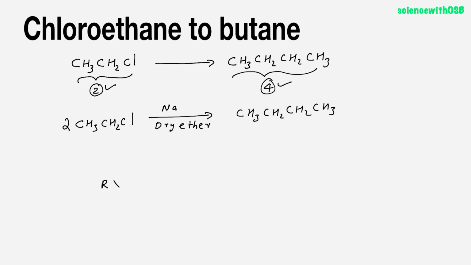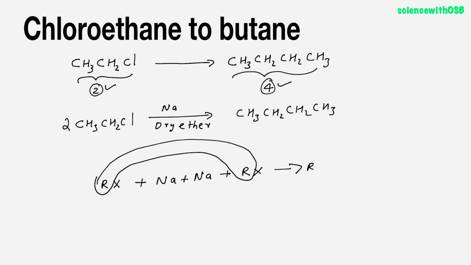All of you remember Wurtz reaction, right? What is that? RX plus Na plus Na plus RX is equal to, see this R and this R combine together. So what is that? RR. So product contains double the number of carbon than the reactant.